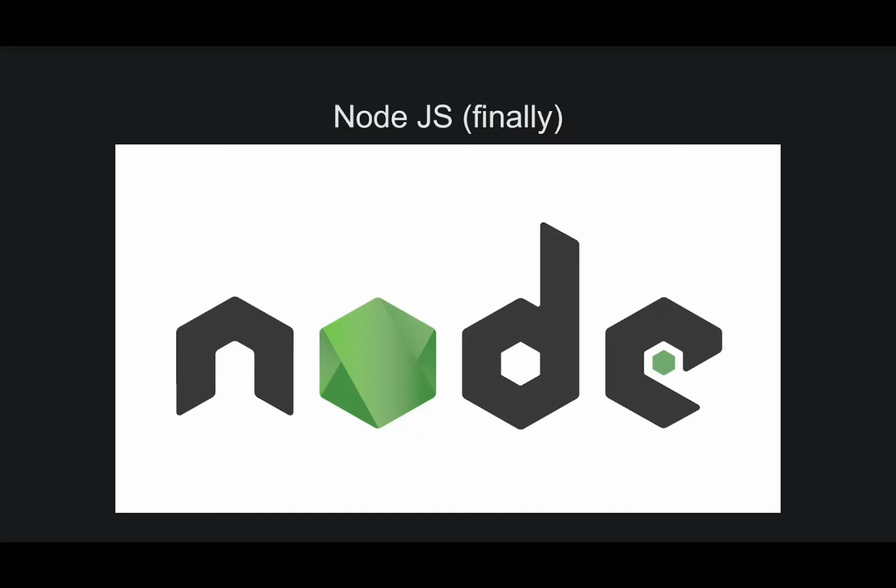And so now you can run JavaScript locally outside of a browser to your heart's content. And that's it. That's the story. That's basically the entire history of computer science compressed into this quick little talk.